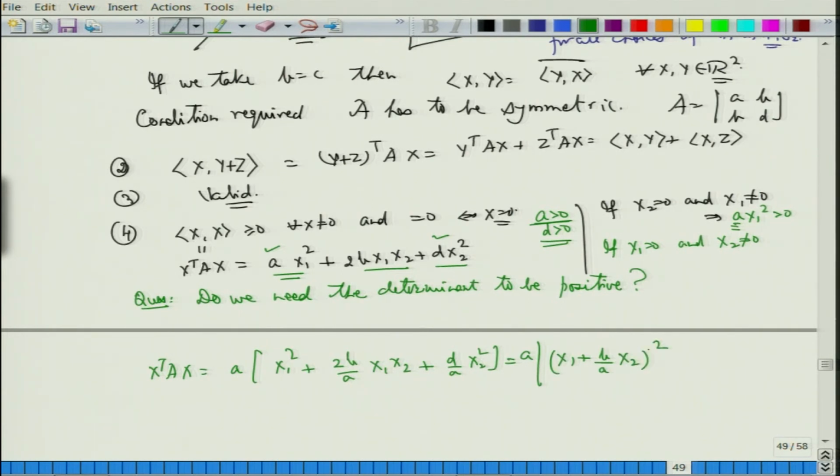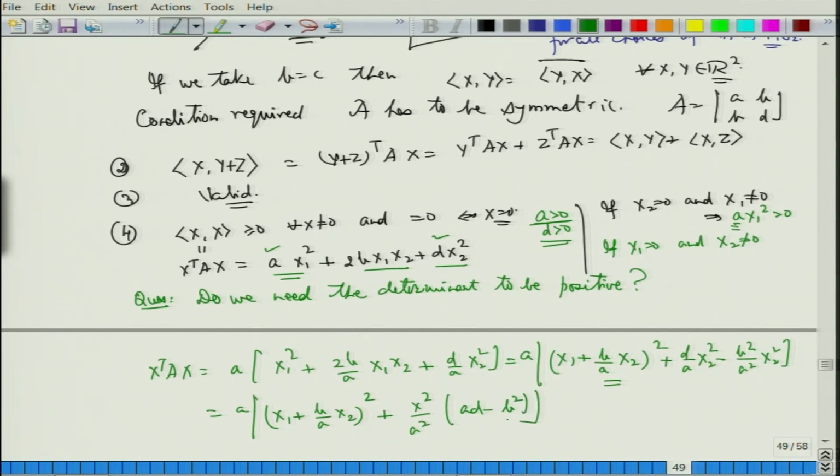Let's check whether it's okay or not. x1 square plus 2b upon a x1 x2, yeah, fine, plus d upon a x2 square minus the square coming from here, which is b square by a square x2 square. So this is a times (x1 plus b upon a x2) whole square plus x2 square by a square common. I get here ad minus b square, all right, fine.